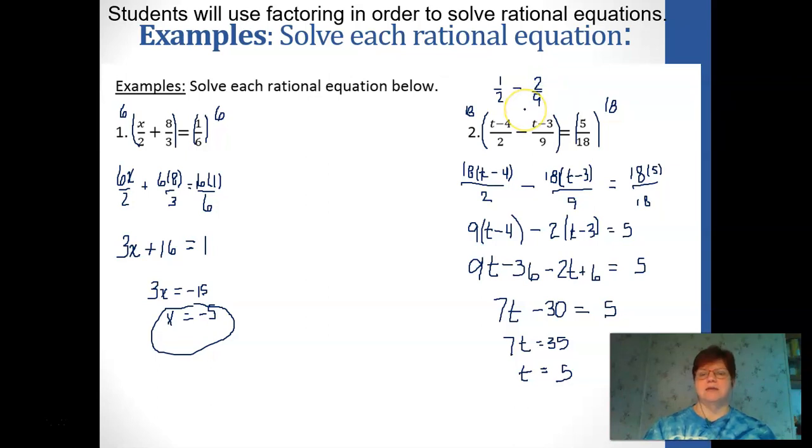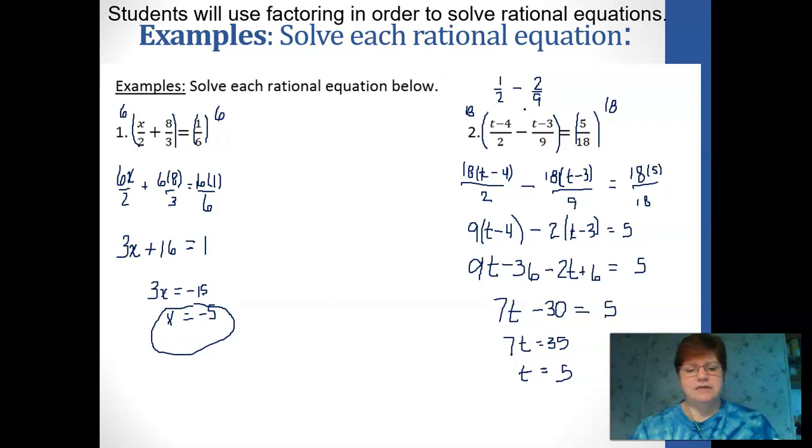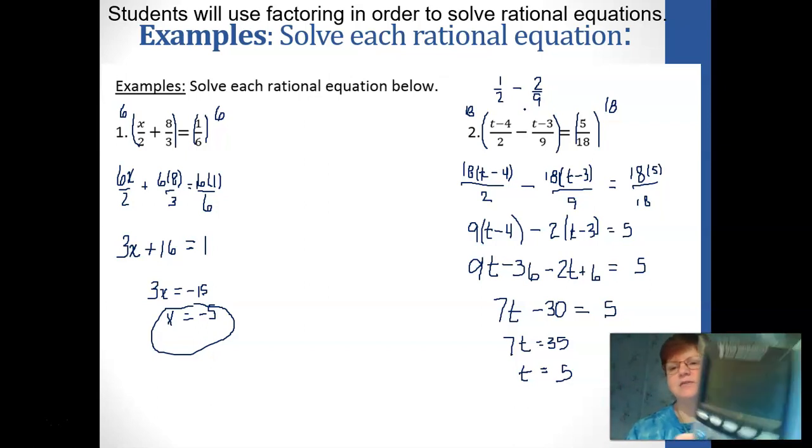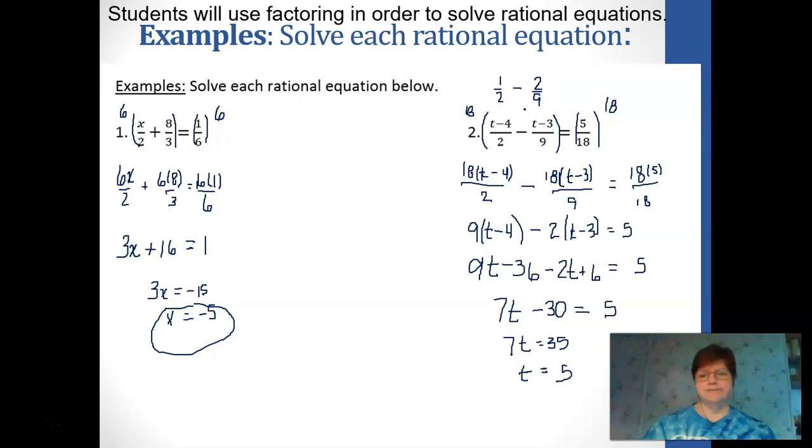Okay, and if we type that in our calculator, 1/2 minus 2/9, we get this decimal. And if I type in 5 divided by 18, helps if I press enter, they're the same. So that was another check.